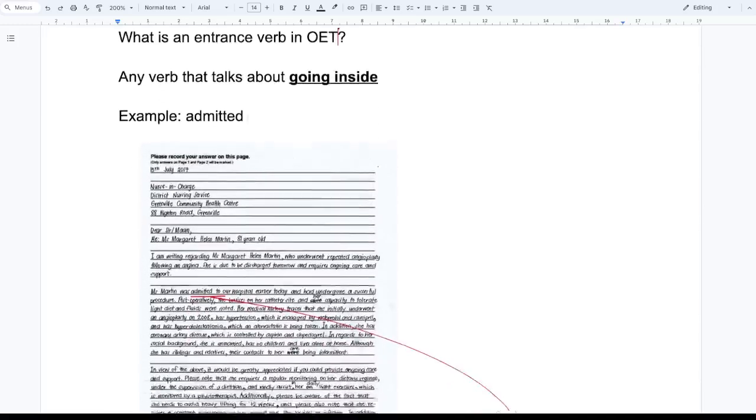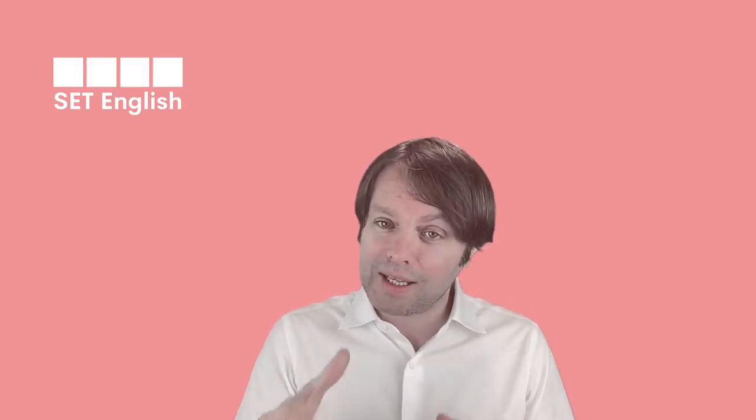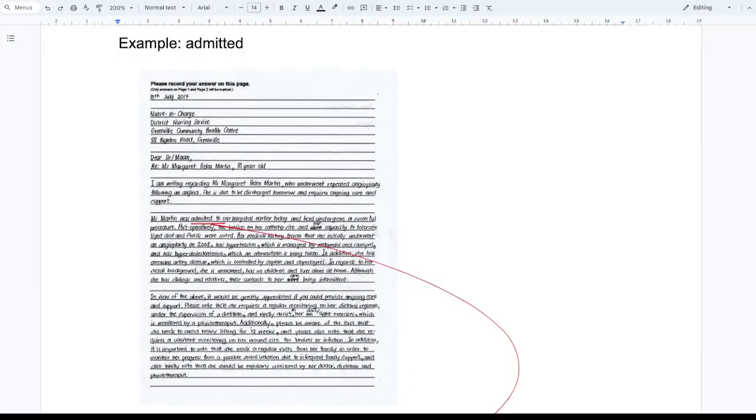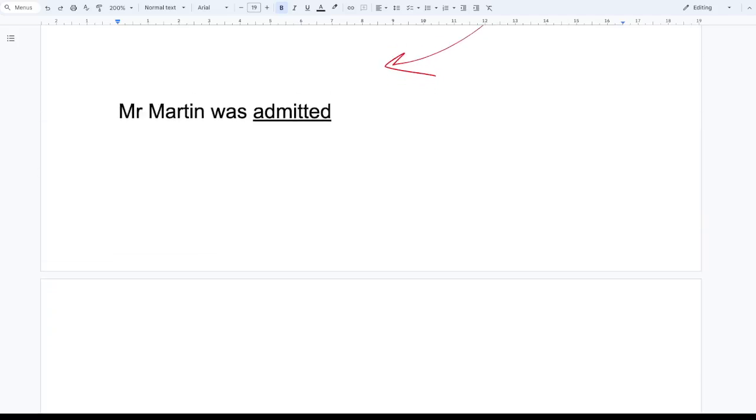It's probably one of the most common verbs we use in OET to talk about going inside, and we usually use it for a hospital situation. I want to make a little table for you guys so you have something to study on this topic.